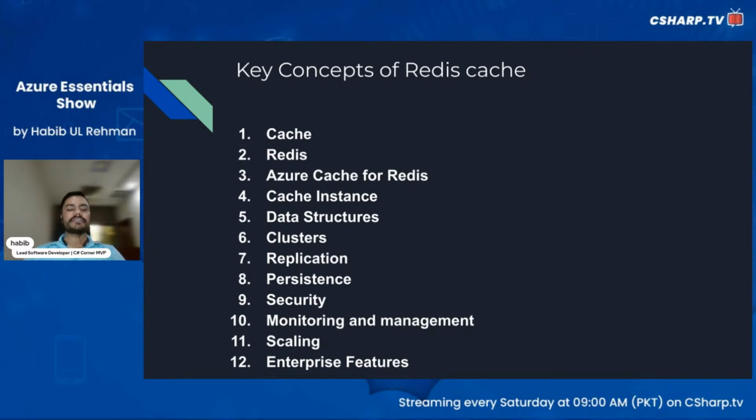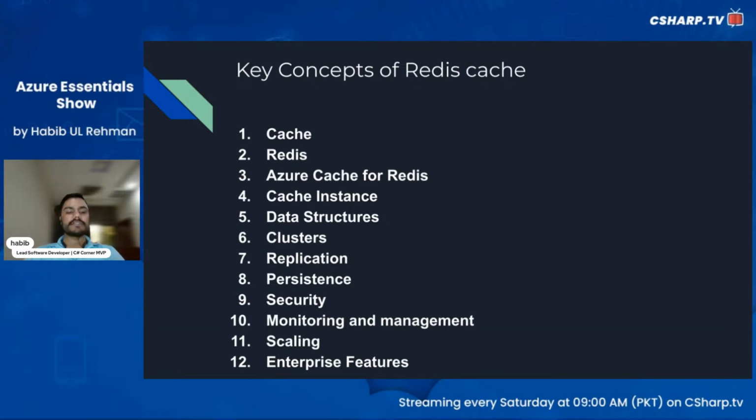Basically, Azure Cache for Redis offers data persistence options to save in-memory data to disk, ensuring data durability even in case of a node failure. Two common persistence methods are Redis database backup snapshots and AOF, basically append-only file logs.